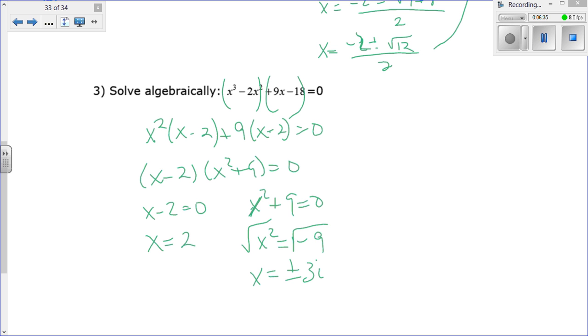Don't forget your plus or minus, and don't forget your i. So my solutions are x equals 2, x equals negative 3i, and x equals 3i. We could have used the quadratic formula as well if we wanted to. It's just, for me, easier to do it this way.